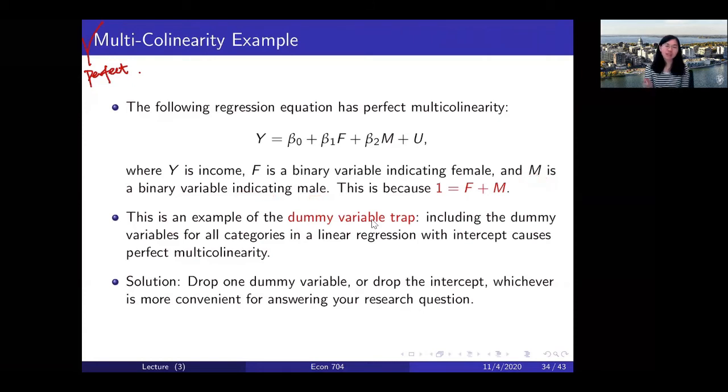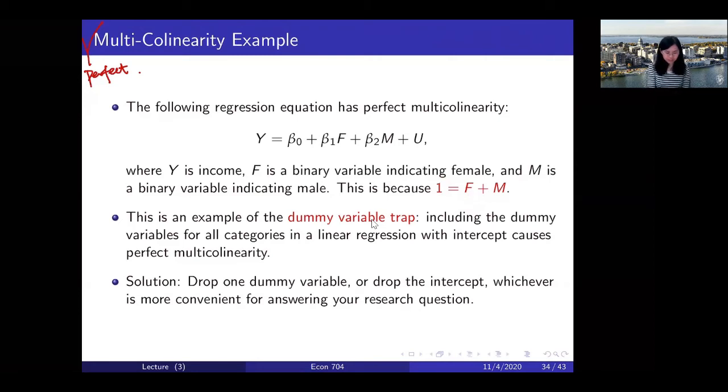So m equals 1 if the individual is male and 0 otherwise. And suppose there are only two genders, either the individual is female or the individual is male, then f plus m is always 1. So whenever f is 1, m is 0. Whenever f is 0, m is 1. So f plus m equals 1. So there is a perfect linear relationship between these two random variables.